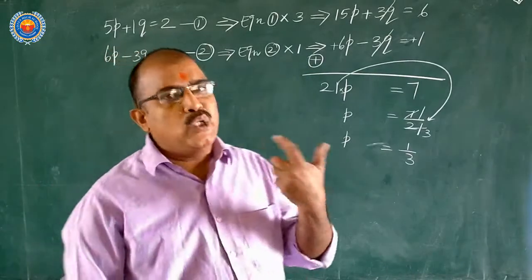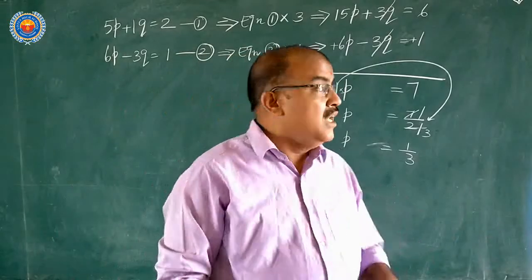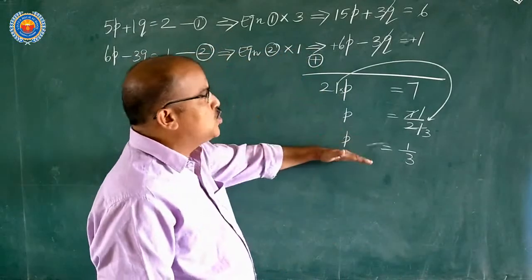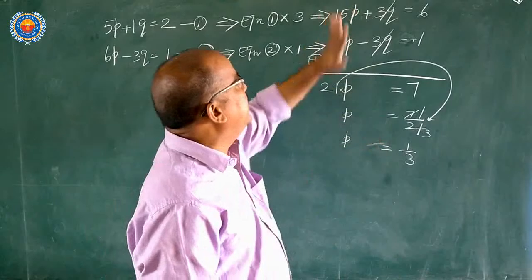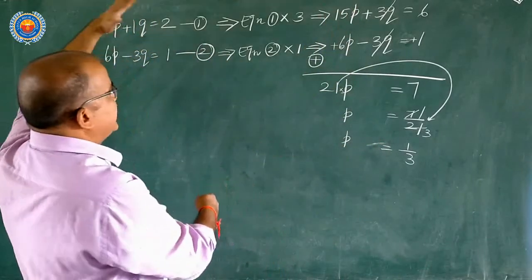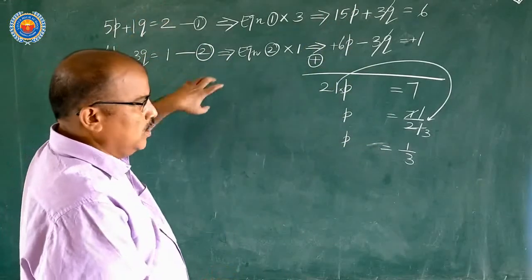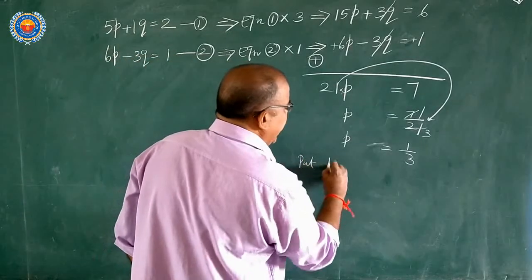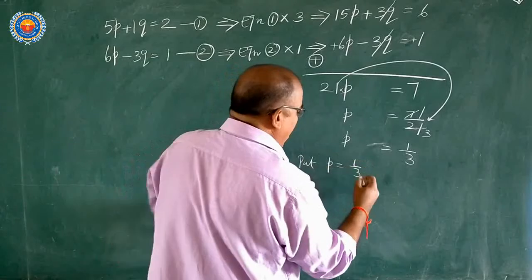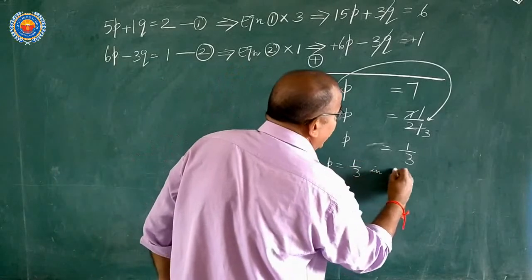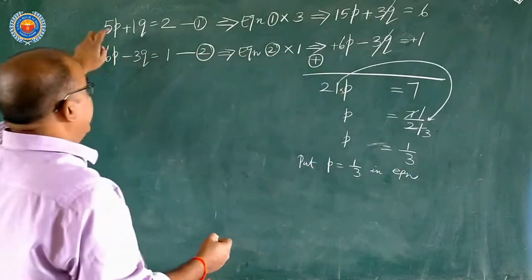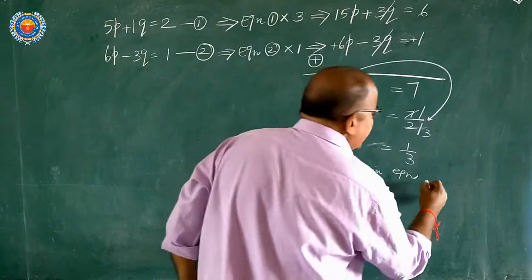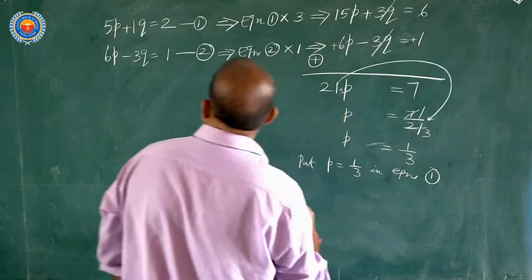Now, how to find the q value? You know this method. Substitute the p value in any of the equations, either 1 or 2. Put p is equal to 1 by 3 in equation 1.